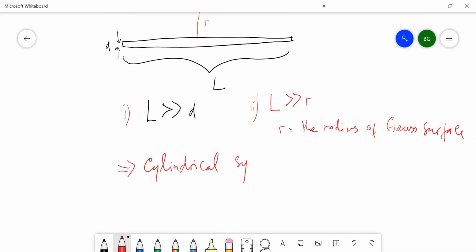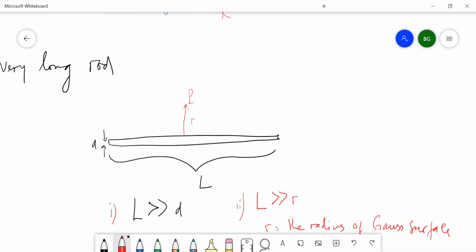These dotted lines represent the Gauss surface.